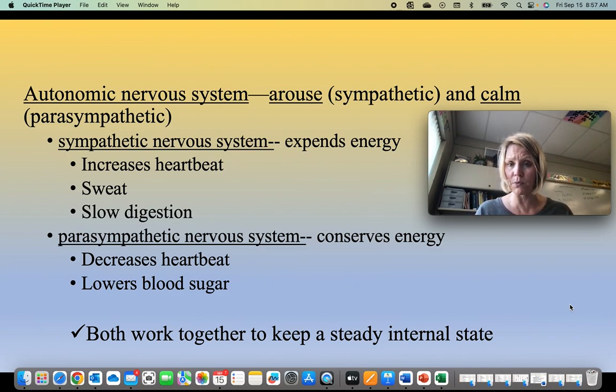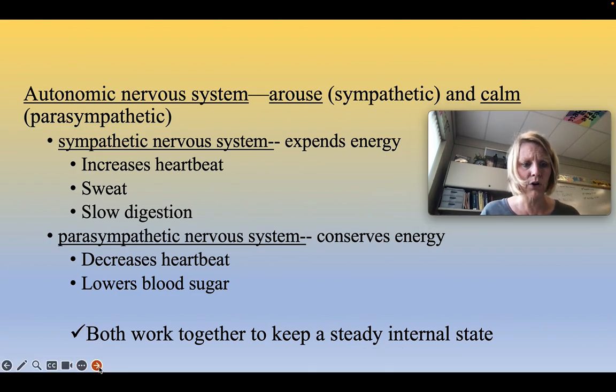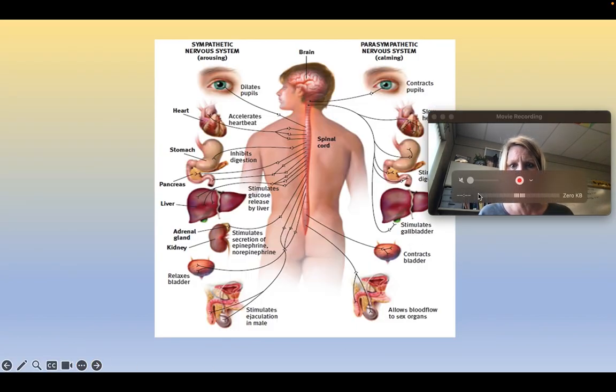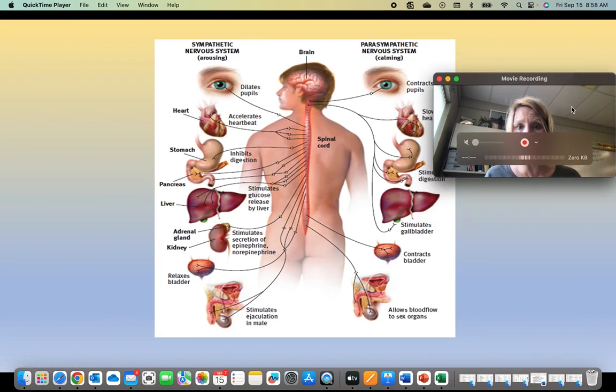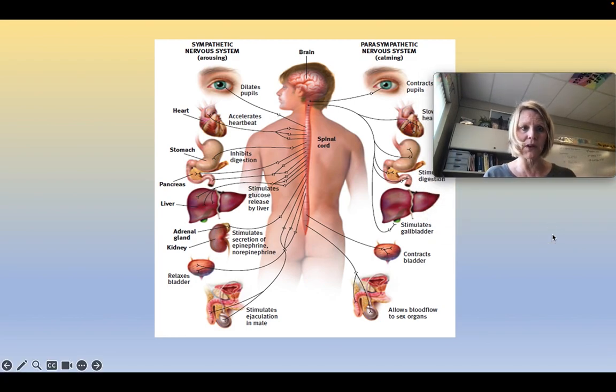You've maybe heard about homeostasis before. One gets us up and the other brings us down, and that balance of a normal internal state is known as homeostasis. Okay? So there's another graphic here. You can see which is responsible. So the sympathetic arouses us, gets us ready for fight or flight.